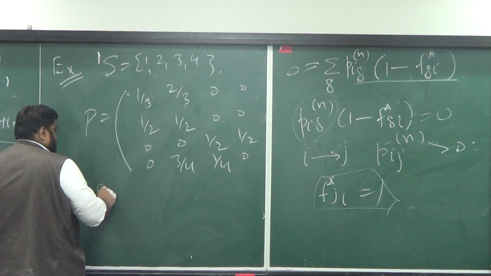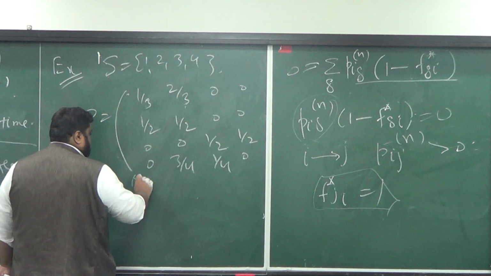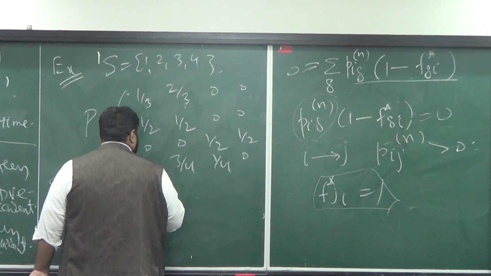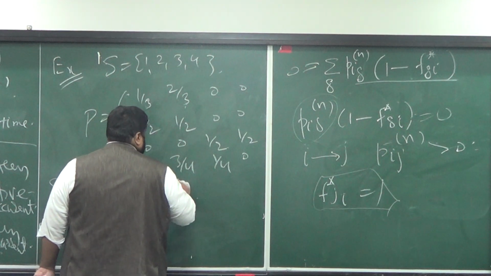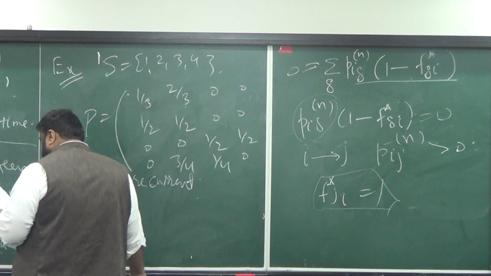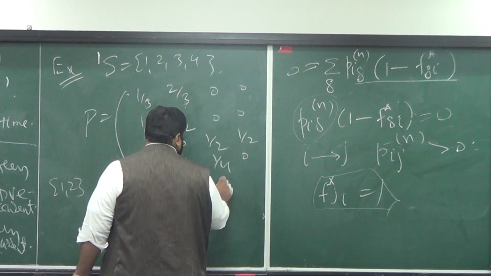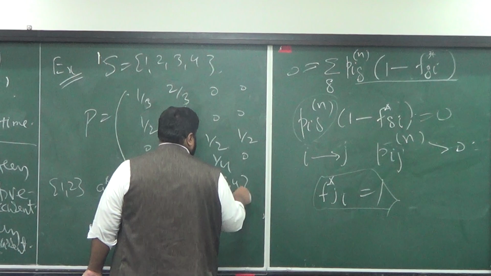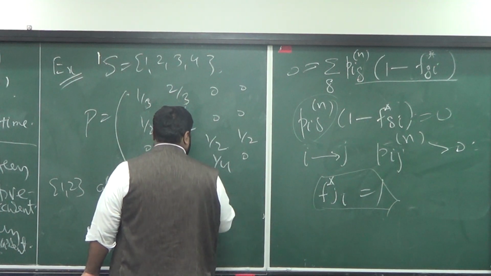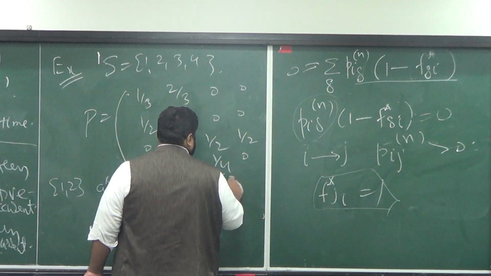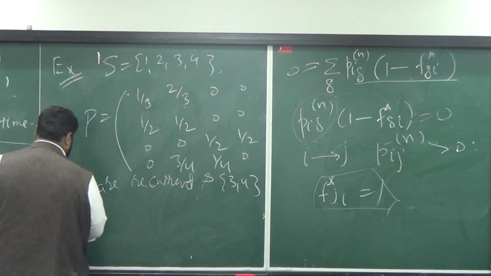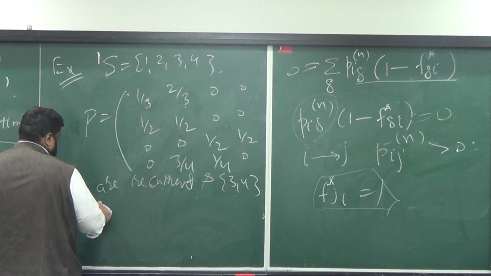So 1 and 2 are recurrent, and 3, 4 is a transient class.